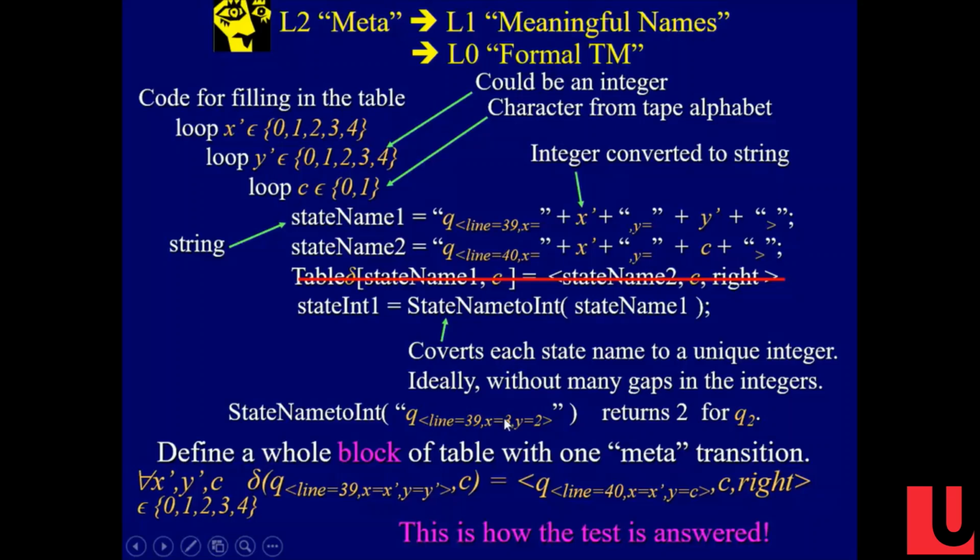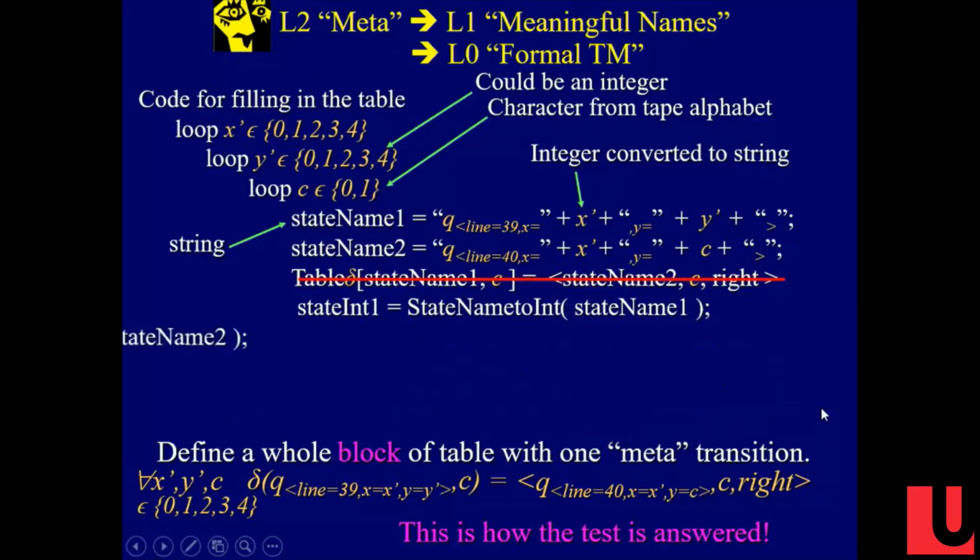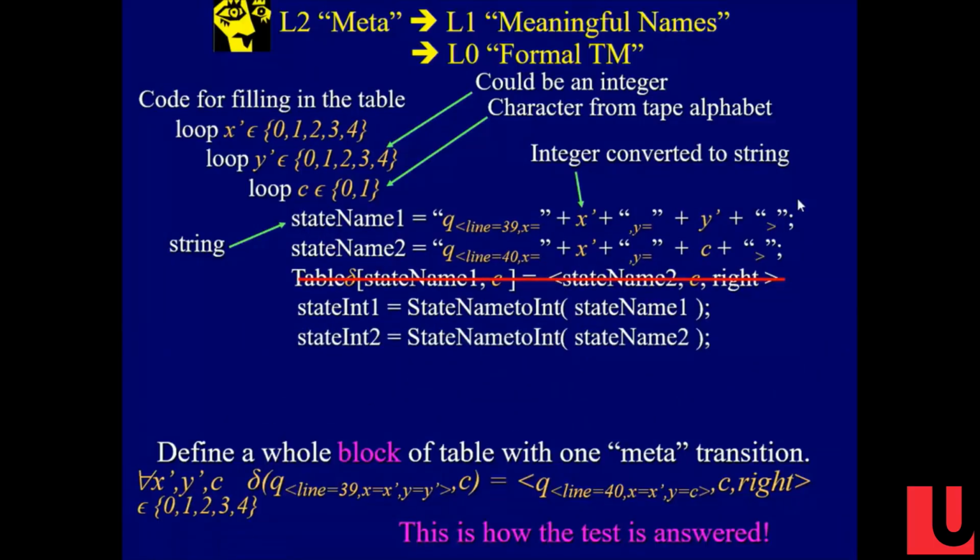Here, I guess we take our state name and hash it to some number, 2 for Q2. We hash our two states, and now we have a table indexed by integers, and we're filling in our table indexed by integers. Everybody got that?